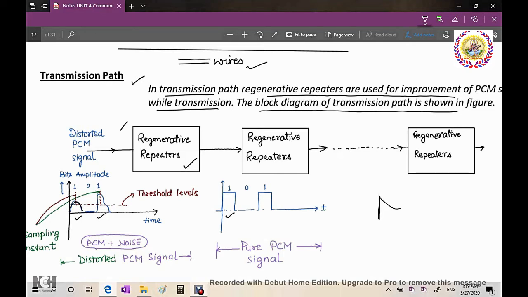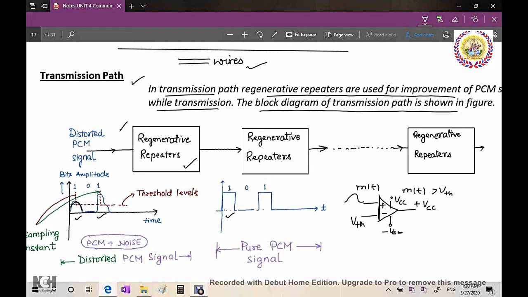It compares the incoming voltage with the threshold voltage. For example, this pulse, if this pulse is greater than, suppose this is your m(t), if your m(t) is greater than VTH, then your output will be positive VCC, and this is your minus VEE.